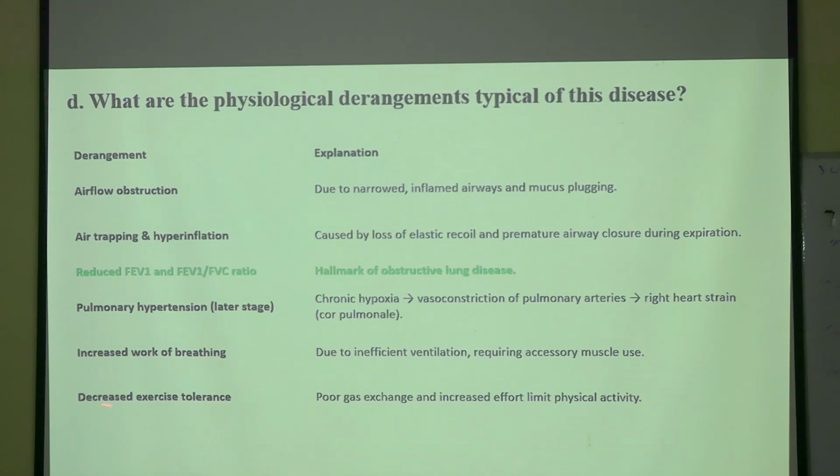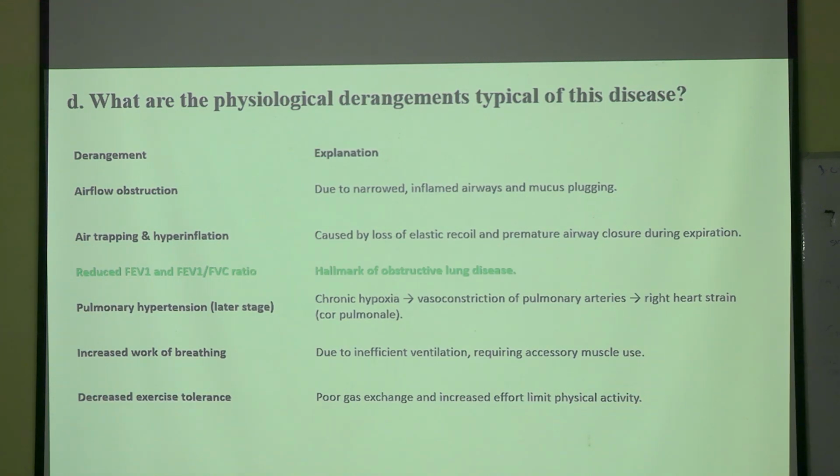Like you can see, increased work of breathing, and it is due to insufficient ventilation. Obviously, the ventilation rate is not sufficient for those subjects who have such an abnormality, and in this particular case, there is an involvement of accessory muscles, recurring accessory muscle use, right? You can see decreased exercise tolerance, this is again another important derangement.